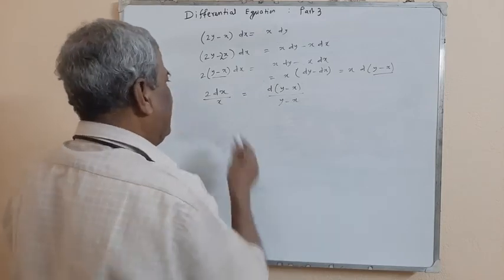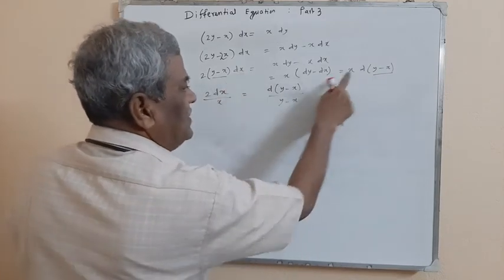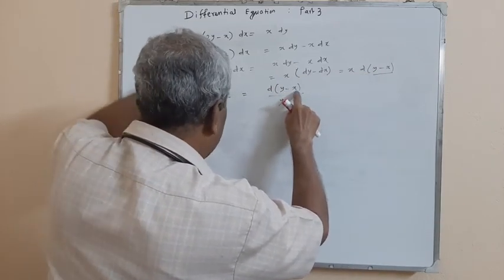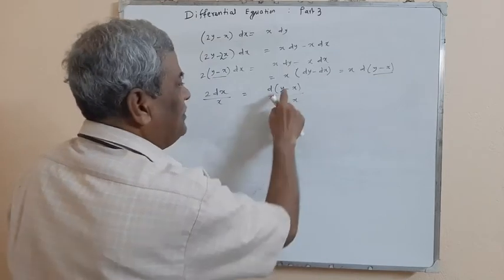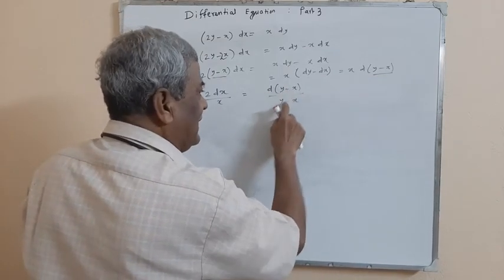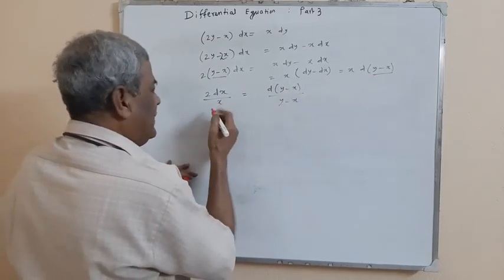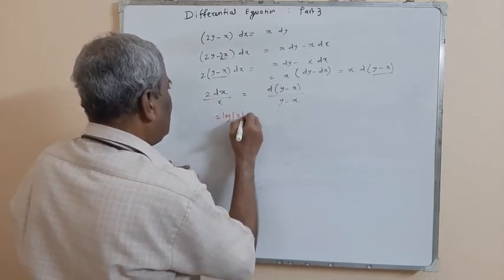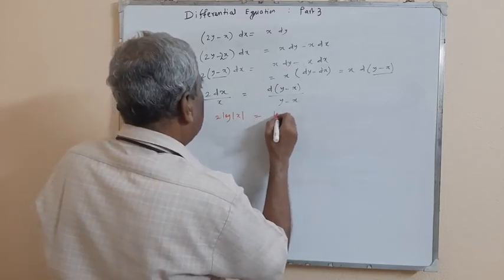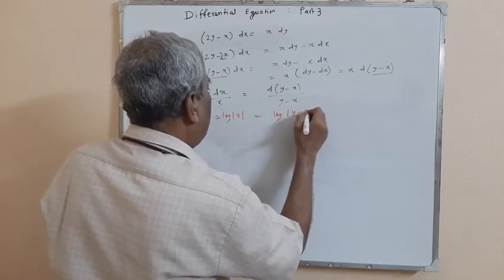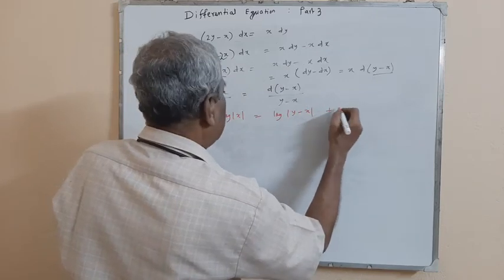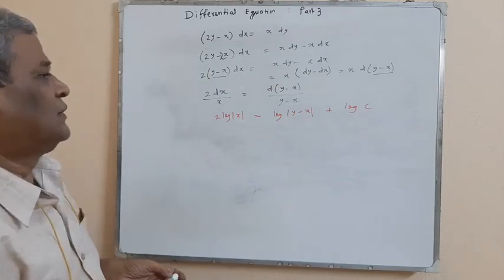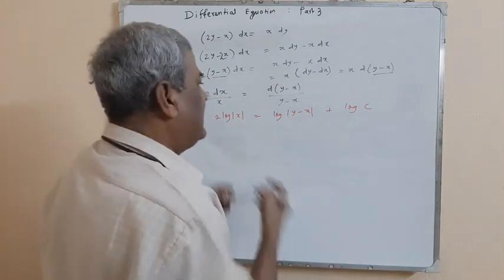Now the variables are separated, dx by x, and d of (y minus x) by (y minus x), as if it is, say, dt by t. So after integrating, 2 log x equals log of mod of (y minus x) plus log c, c is an arbitrary constant. And this is the answer.